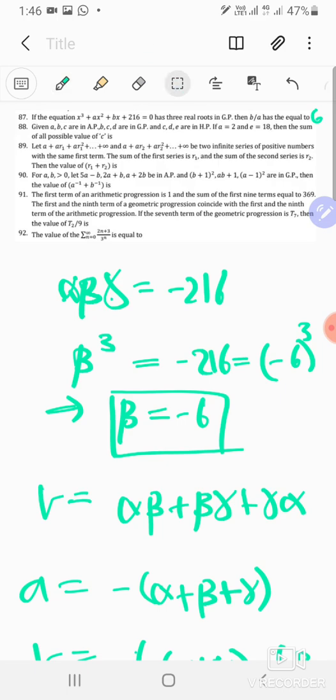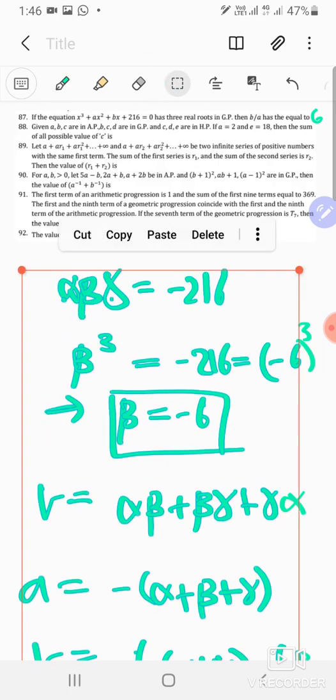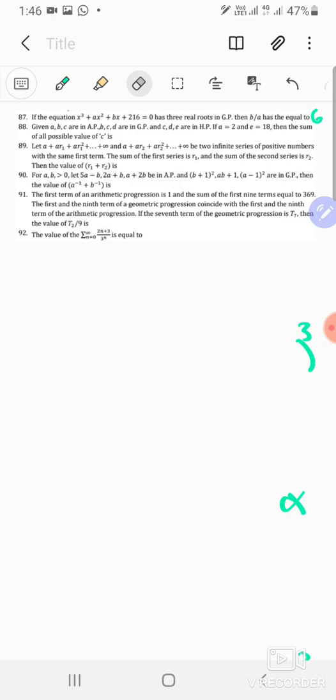Okay, let's move on. Given A, B, C are in AP and B, C, D are in GP and C, D, E are in harmonic progression. If A equals 2 and E equals 18, then the sum of all possible values of C is, okay. So A, B, C are in AP. That means B is the arithmetic mean of A and C. A is just 2, so B is equal to (2 plus C) upon 2.